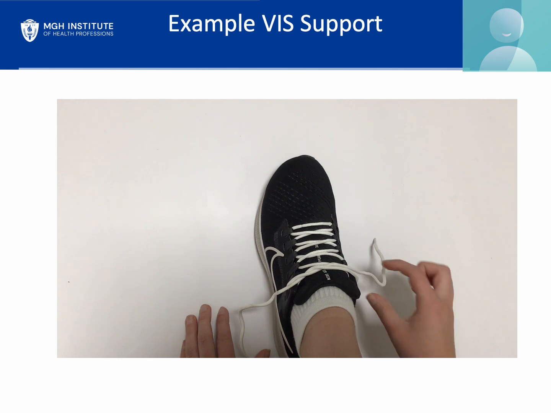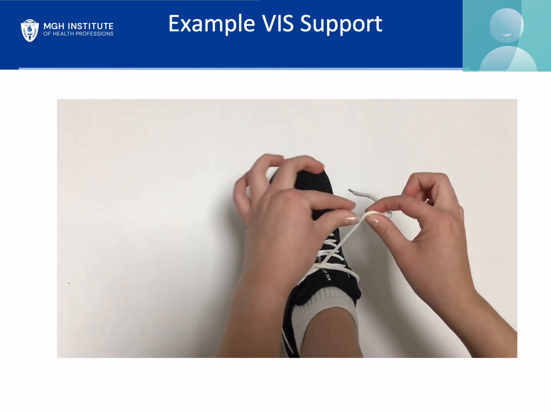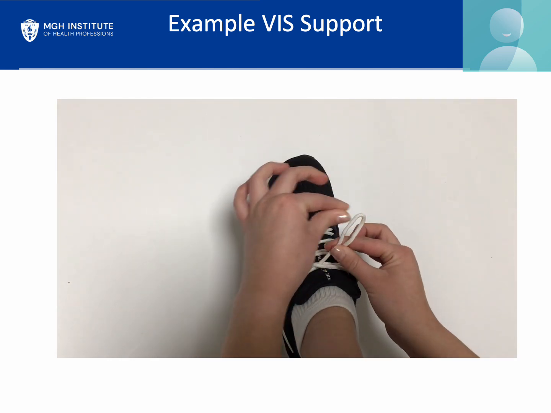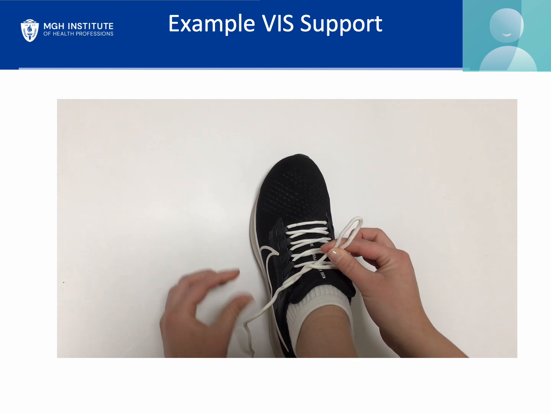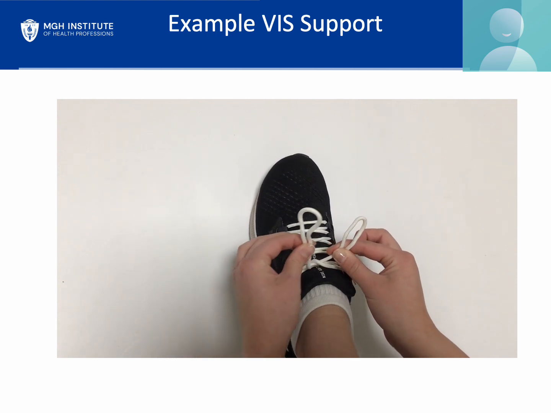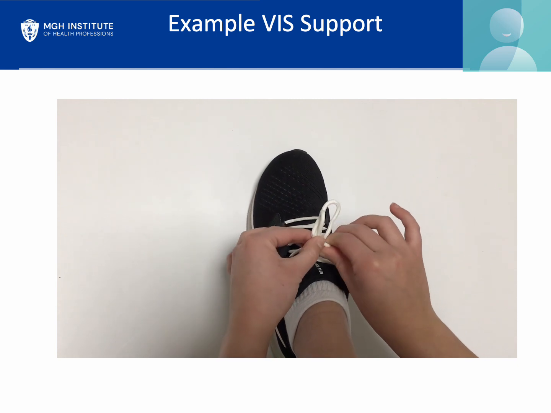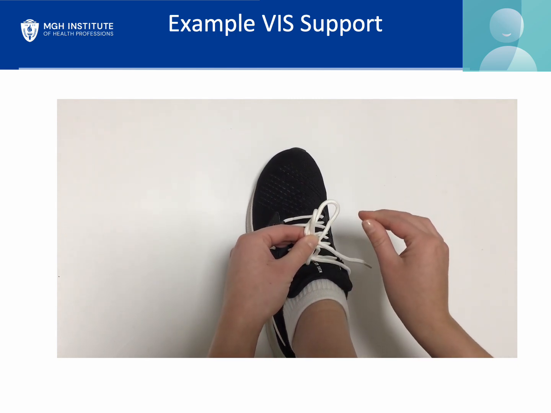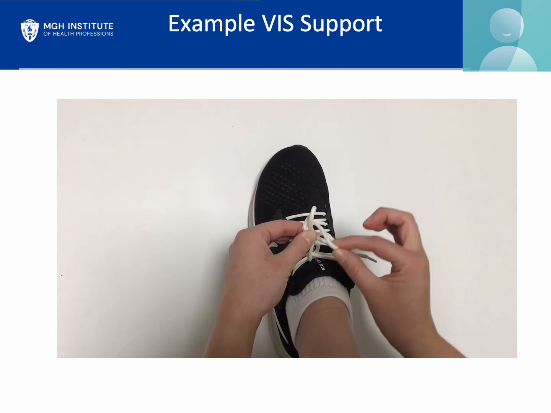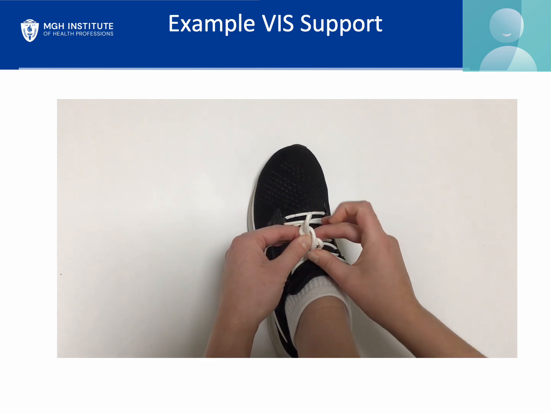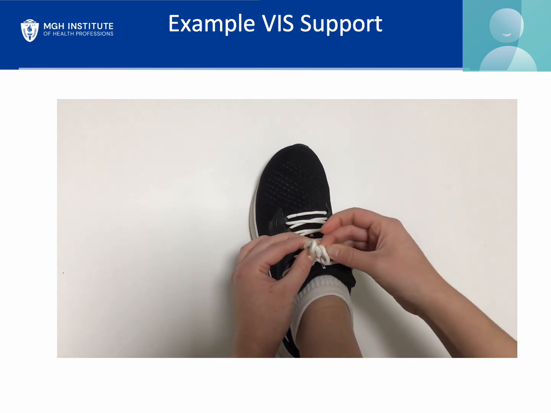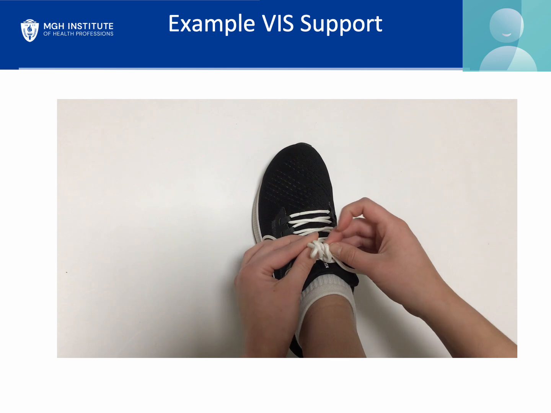Make a loop. Make another loop. Cross the loops. Put one loop over and through. Pull the loops.